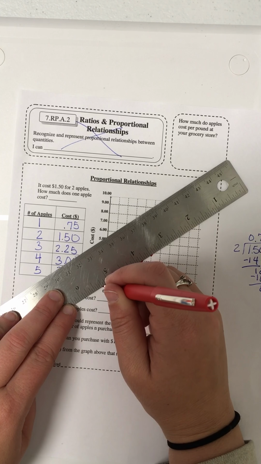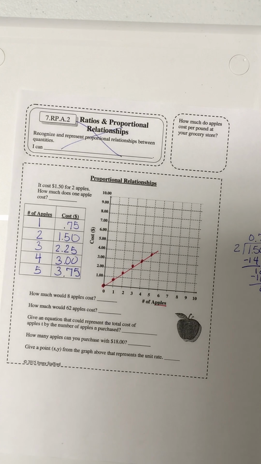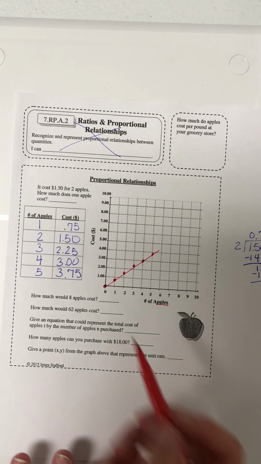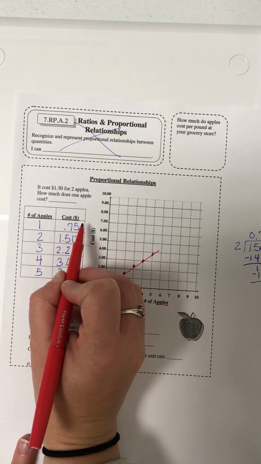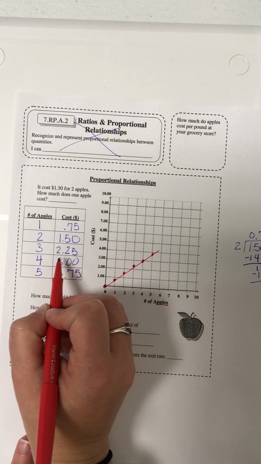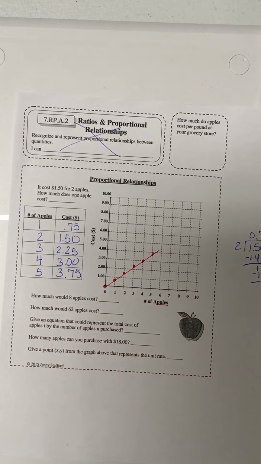And see if you get a straight line. Okay, and you should. And so it says, how much would 8 apples cost? You have a couple of options. You can go back up here and you can say 75 cents times 8. But if we know what 4 apples cost, can't we just double the price? 4 apples was $3, so 8 apples is $6.